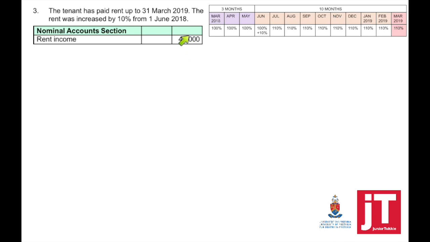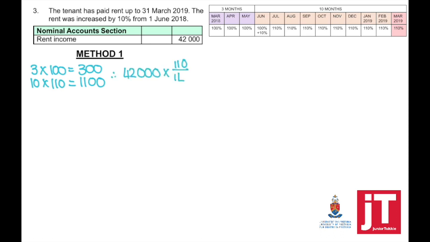So we cannot take 42,000 and divide it by 13 because the rent increased on the 1st of June. Now there's two methods to get to exactly the same answer. Use whichever method works for you. Starting with method 1, we are going to say for 3 months the rent was at 100%. For 10 months, it was at 110%.